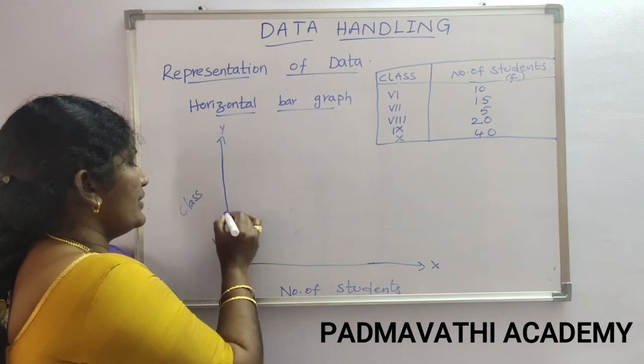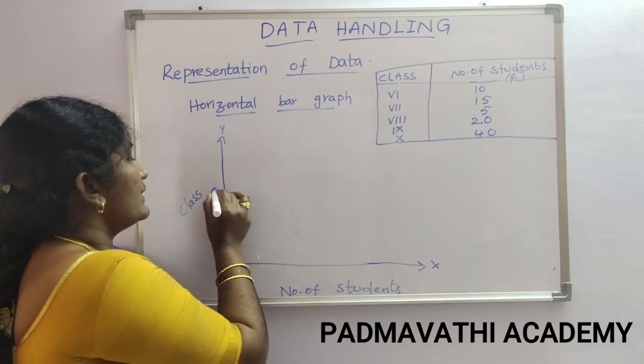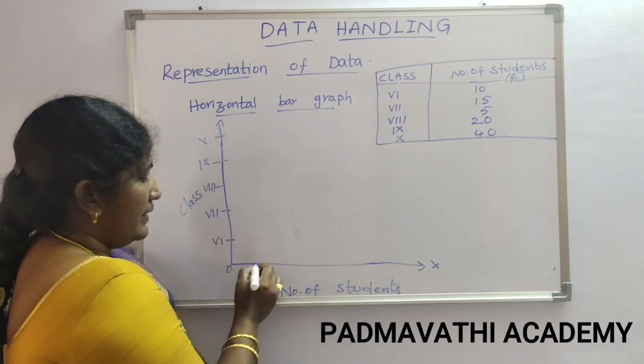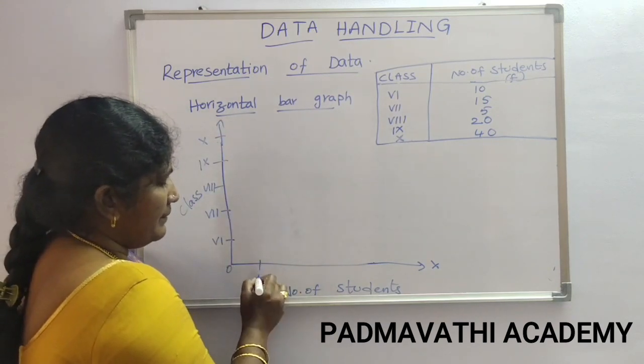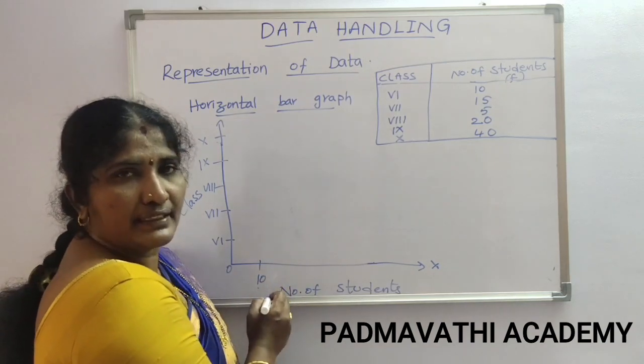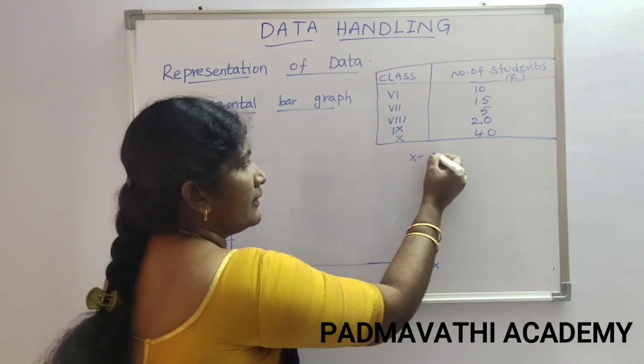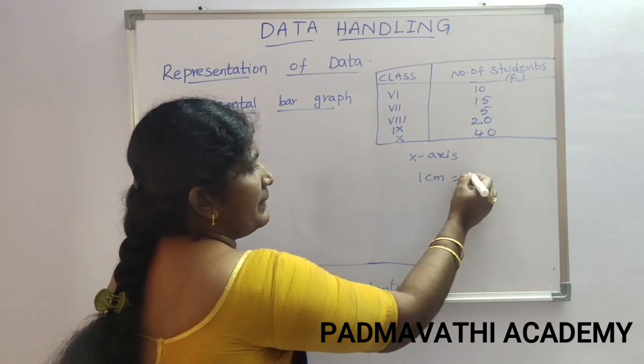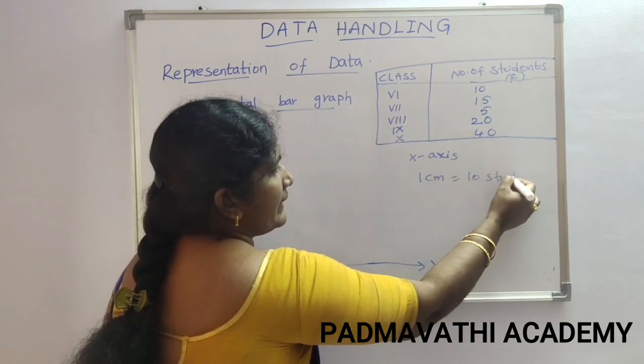For each centimeter, one class: 6th, 7th, 8th, 9th and 10th class. And before, we took each centimeter as 10 students on the y-axis; now we take the scale on the x-axis. 1 centimeter is equal to 10 students.